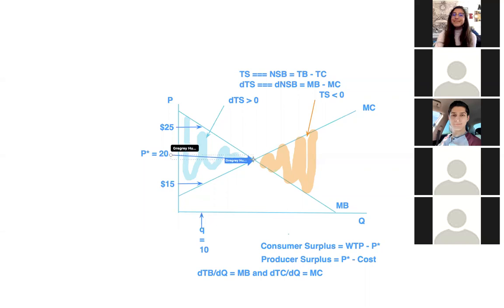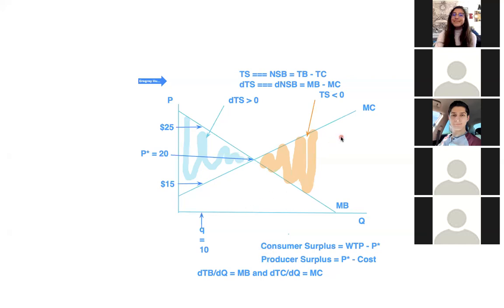So here, the height of the demand curve, which is this marginal benefit curve, is 20. The price is 20. So the willingness to pay is 20 and the price is 20. Consumer surplus is 0.